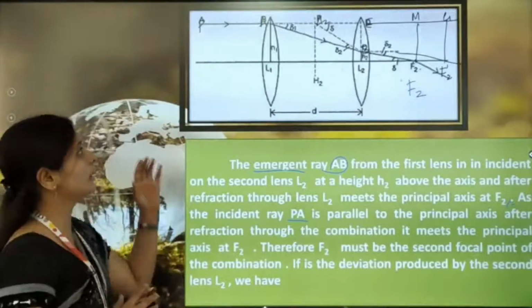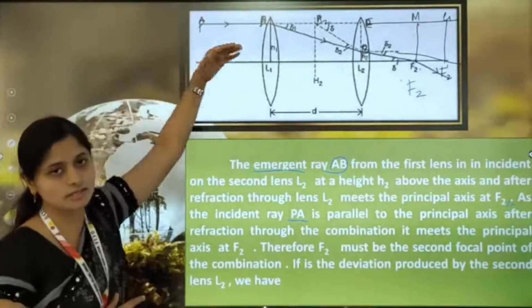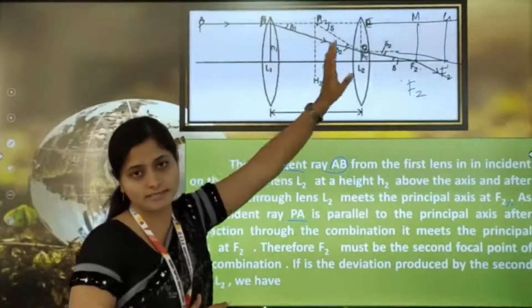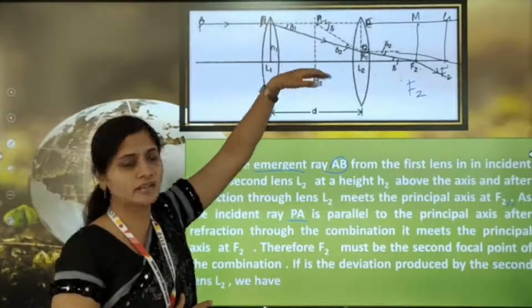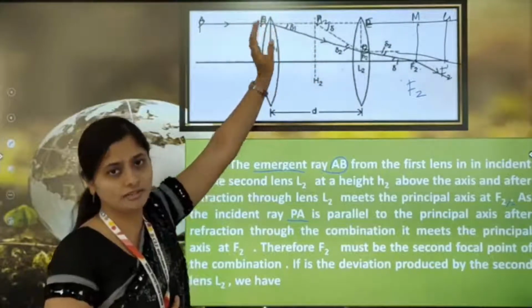Already we know that PA is parallel to which axis? The principal axis. In that, again, what happened? Refraction takes place. After that, the rays emerge after the refraction.